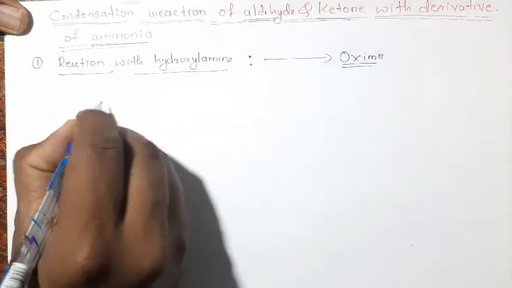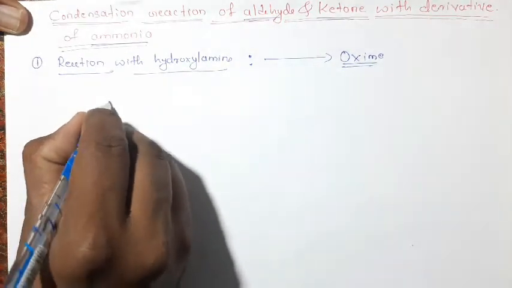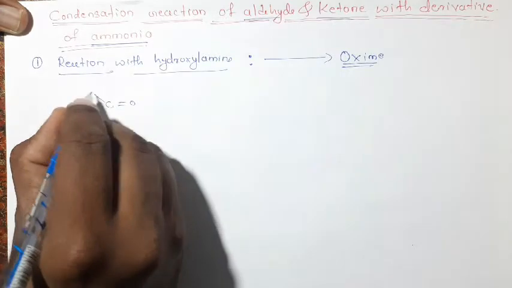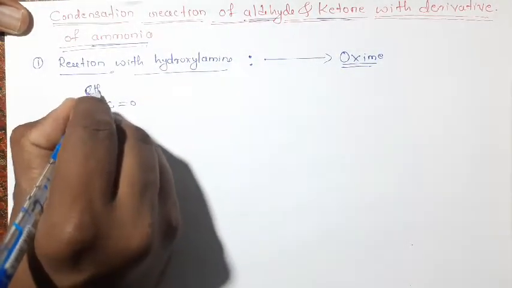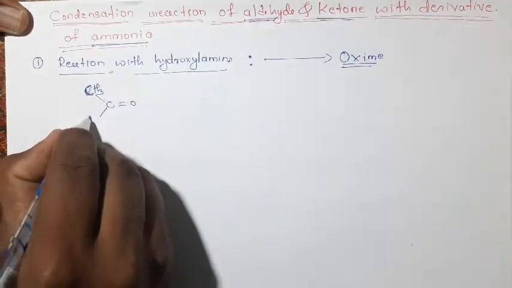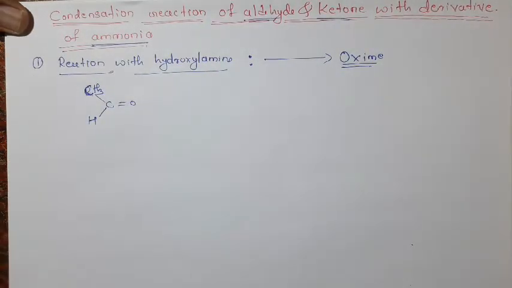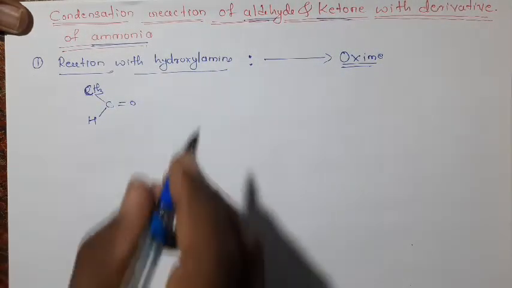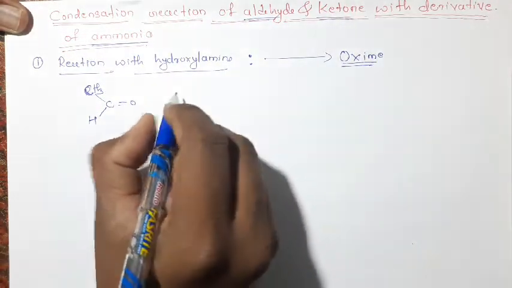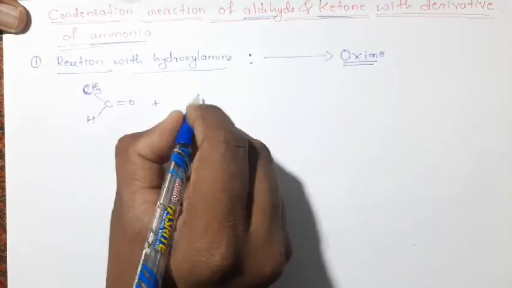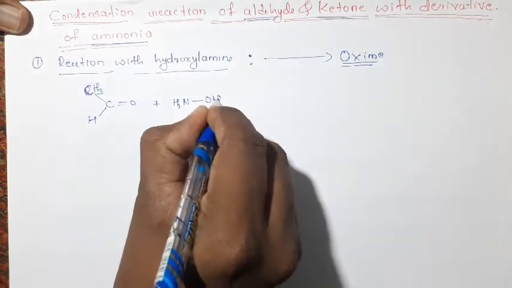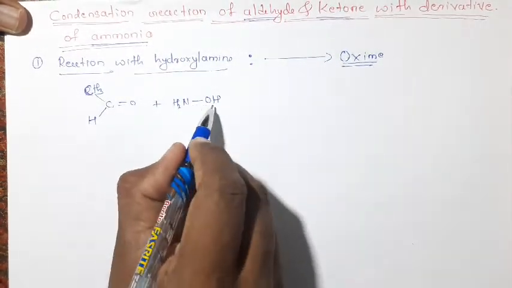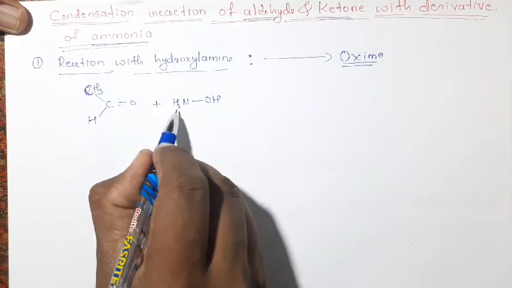In this reaction, we react an aldehyde or ketone. For example, this is our aldehyde, CH3 C double bond O H, ethanal. When it is reacted with hydroxylamine, NH2OH, hydroxylamine contains a hydroxy group as well as an amine group.